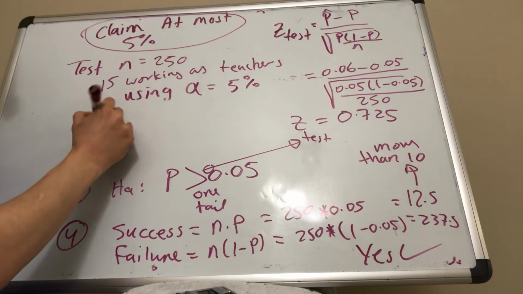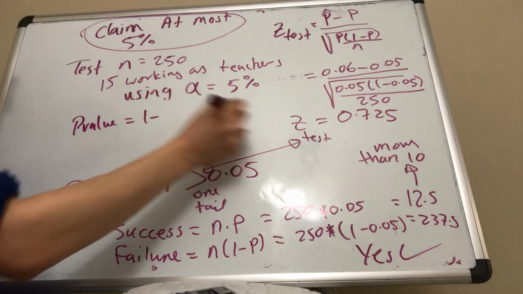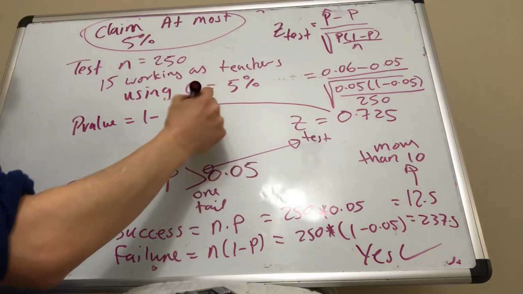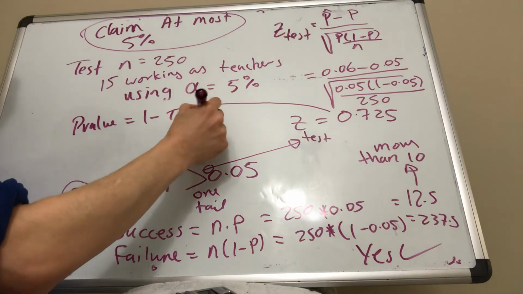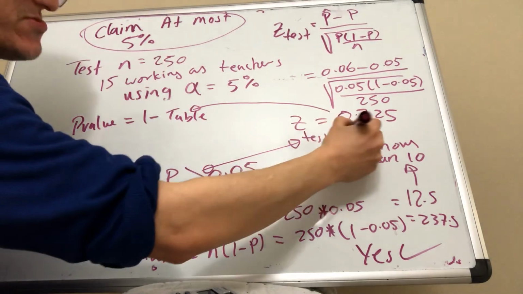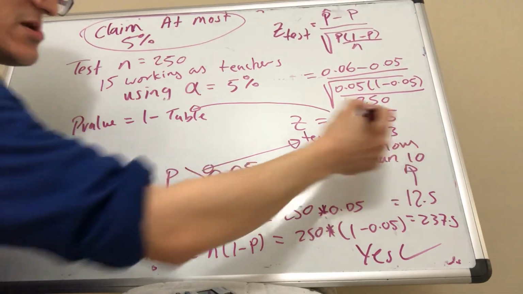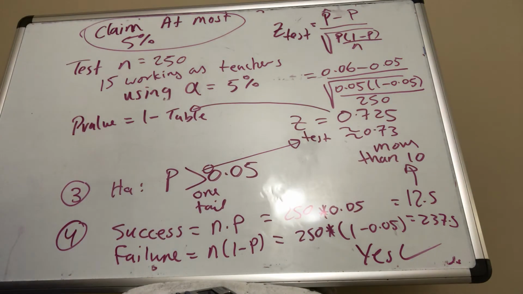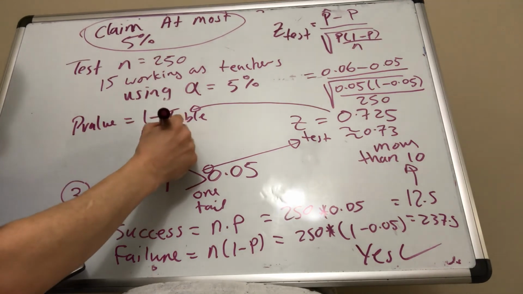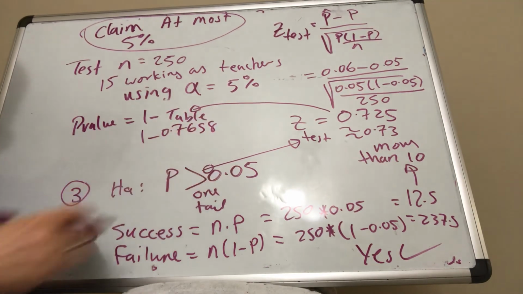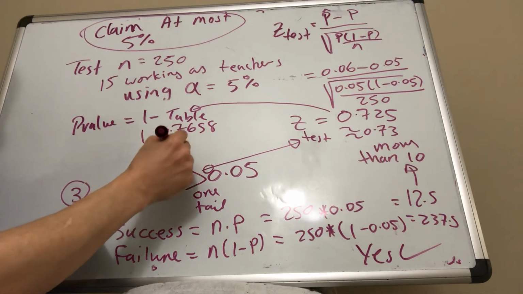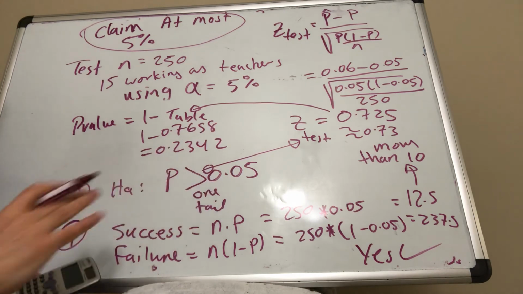So your p-value would be 1 minus whatever this number is from the table. So you can round it to 0.73 and look it up. I actually did this earlier to look up what the percentage is for this. It would be 0.7658, and the answer would be p-value 0.2342, about 23%.